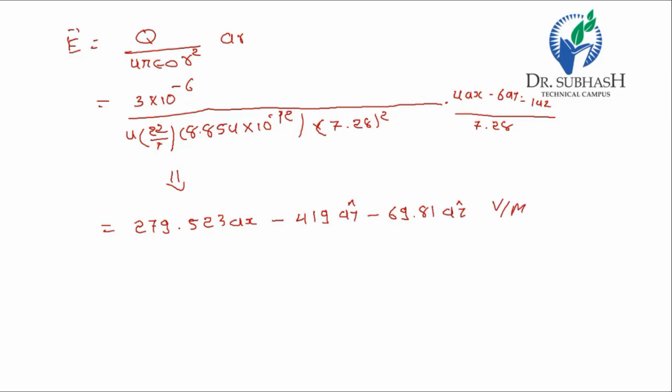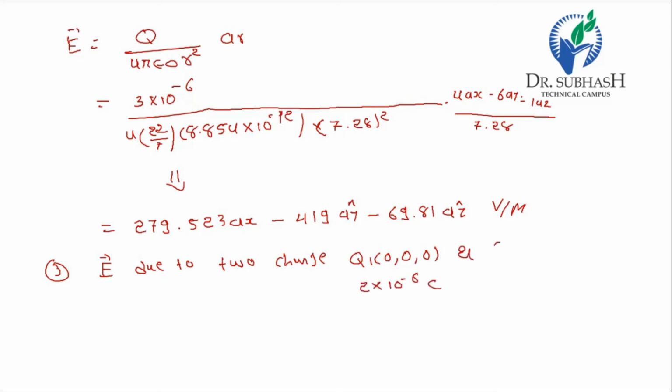Now in the third case we are required to find the electric field intensity due to two charges. Q1 is located at the origin and its value is 2 cross 10 raised to minus 6 coulomb, and another charge is Q2, located at minus 1, 2, 3, and the value of charge Q2 is 3 microcoulomb.